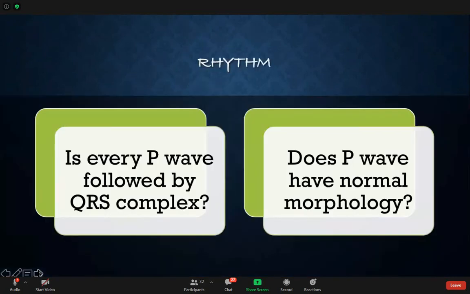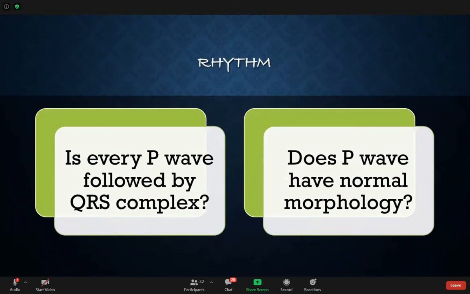For the rhythm you have 2 questions, and they're very simple. Is every P wave followed by a QRS complex, yes or no? The second question is, does the P wave have a normal morphology? What does normal morphology mean? It's upright in lead 2 with duration less than 2.5 small squares. Let's see what they say in the chat. Okay, so this is the first step.